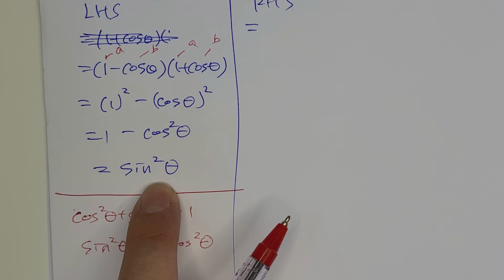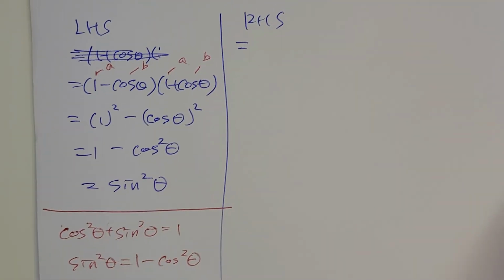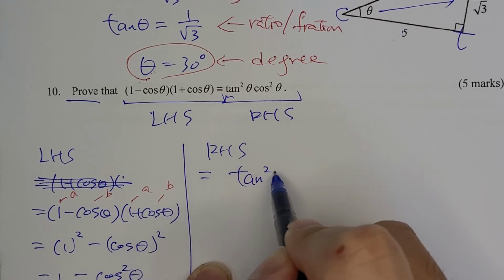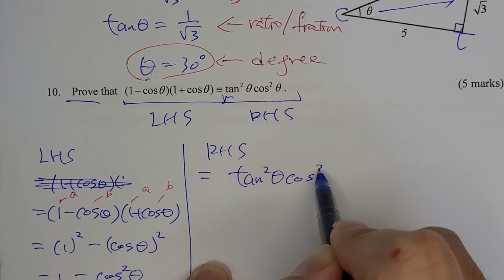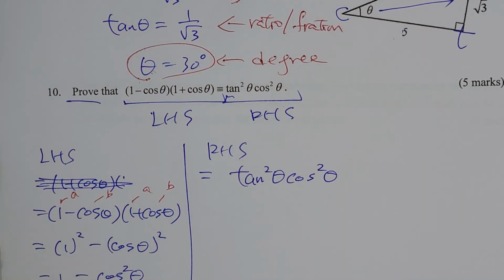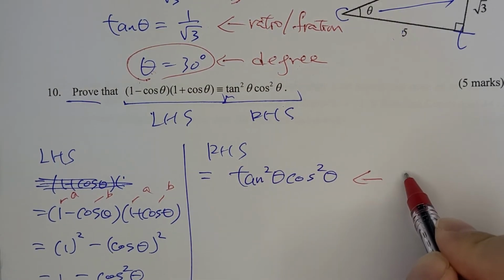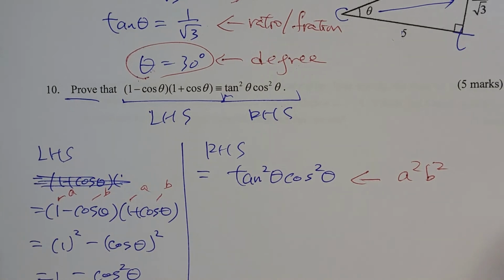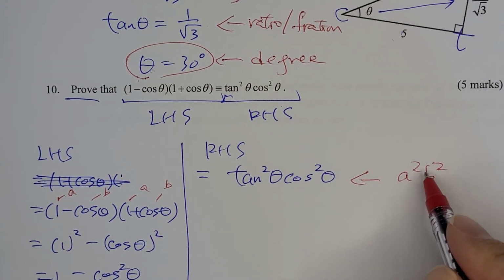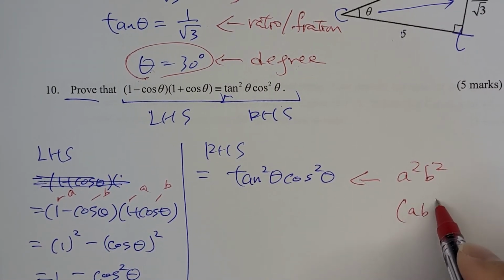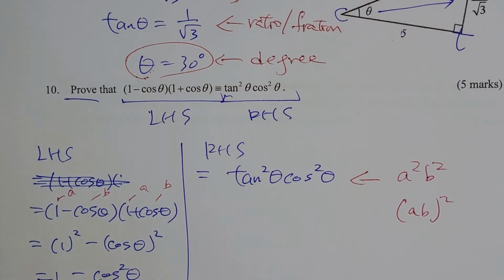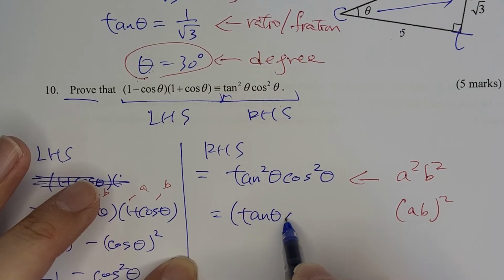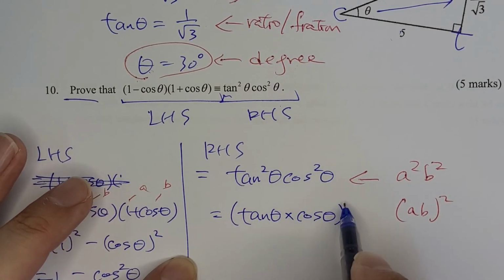So, left hand side, you cannot simplify it more, then go to right hand side. Tangent squared theta times cosine squared theta. As you can see, there's something like A squared times B squared, right? So you can just take out the common index 2, becomes A times B all squared. That's the way I would do it. Tangent theta times cosine theta all squared.